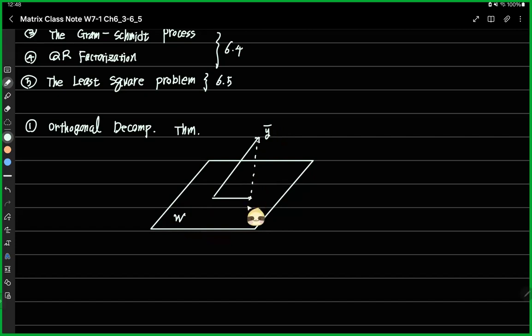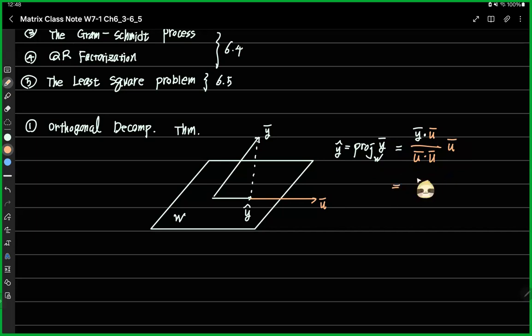right? That's the y. Okay, we know that y hat is the projection, right? Projection of y onto W, which is y hat. And then if you say the vector, so this is vector u, and this is y dot u over u dot u, times the vector u, right?